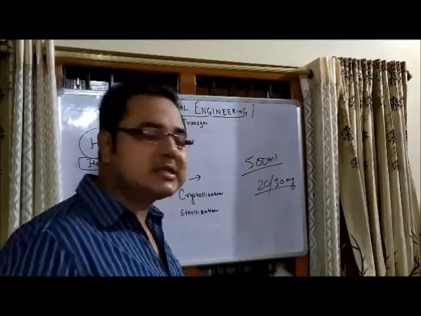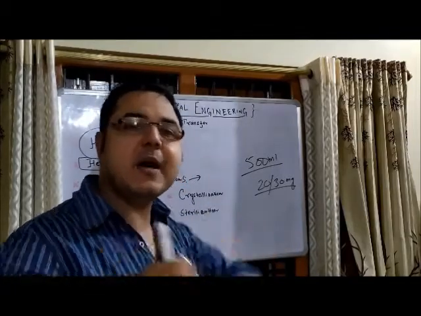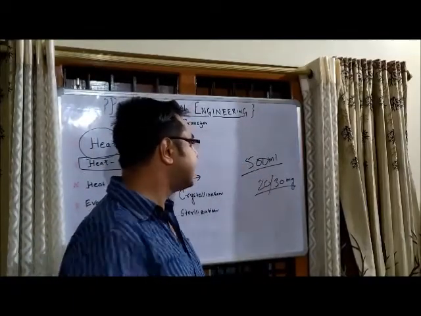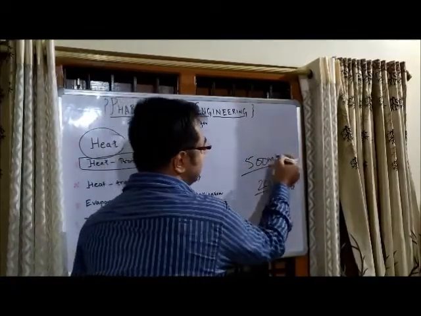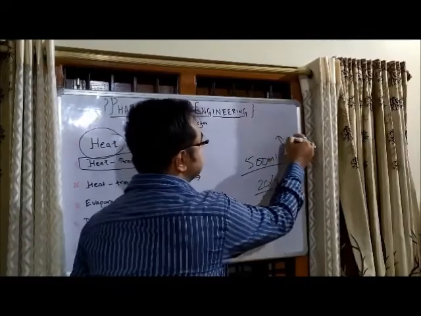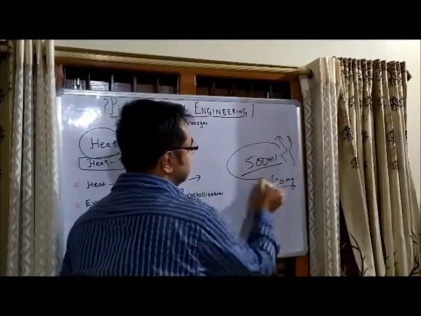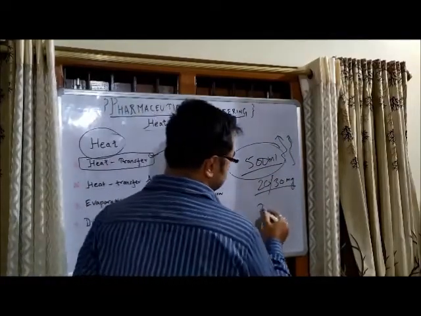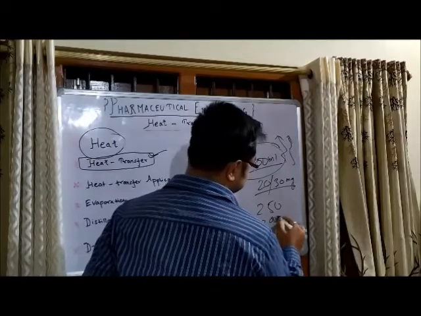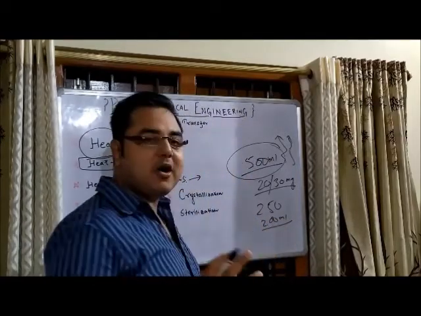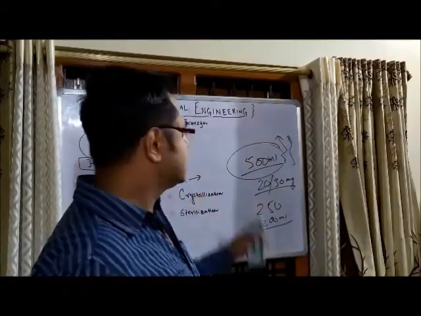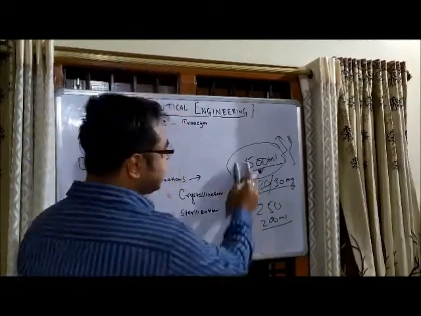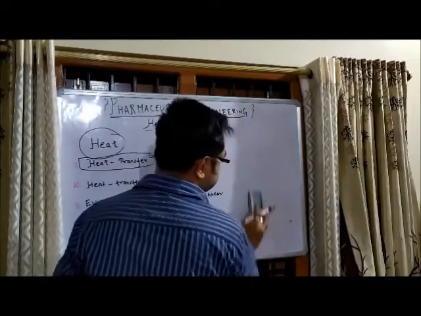So what we can do in such a process is simply evaporate. Once you start the process of evaporation, the solvent will start evaporating. This 500 ml will come down to around 250, sometimes 200 ml, where you have got a concentrated product. So to get a concentrated product, we use the process of evaporation in the pharmaceutical unit operation, right?